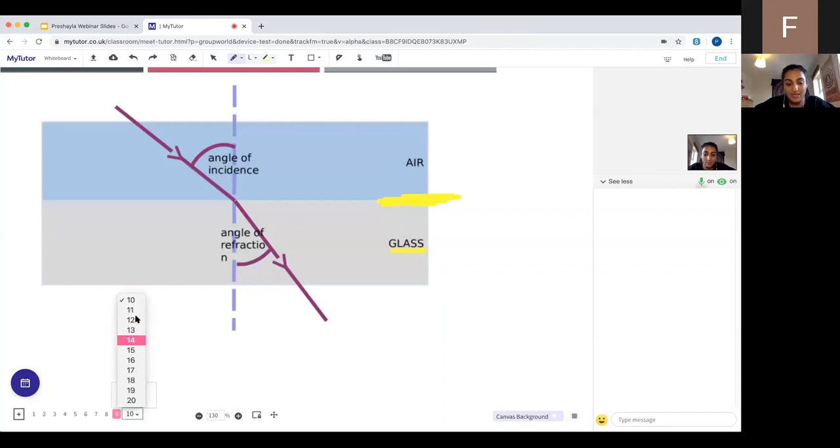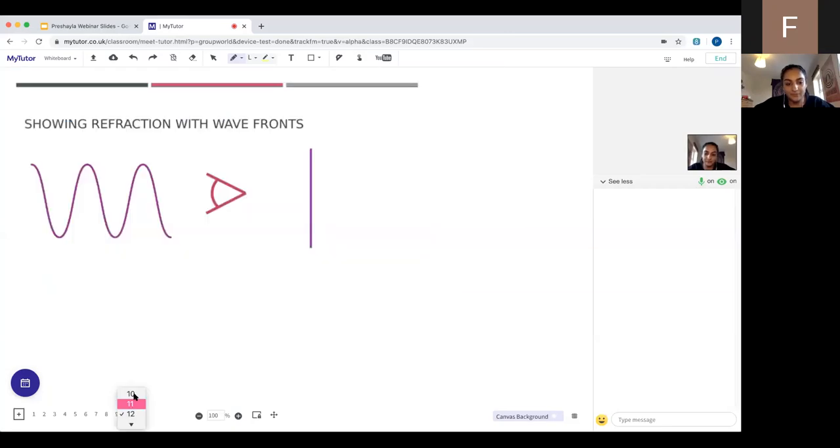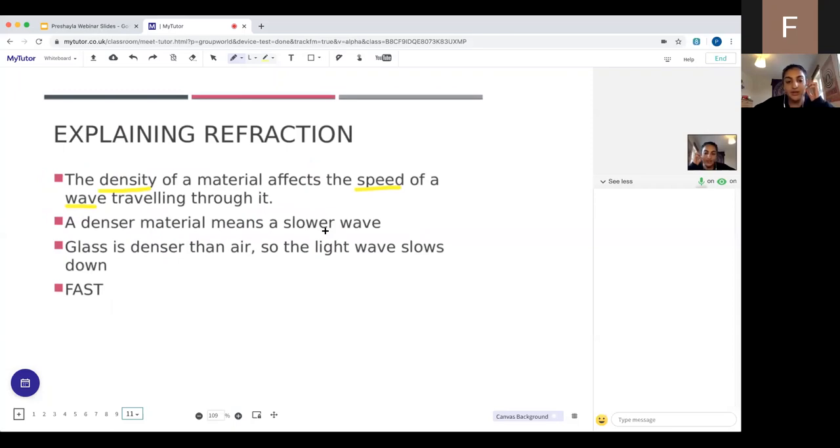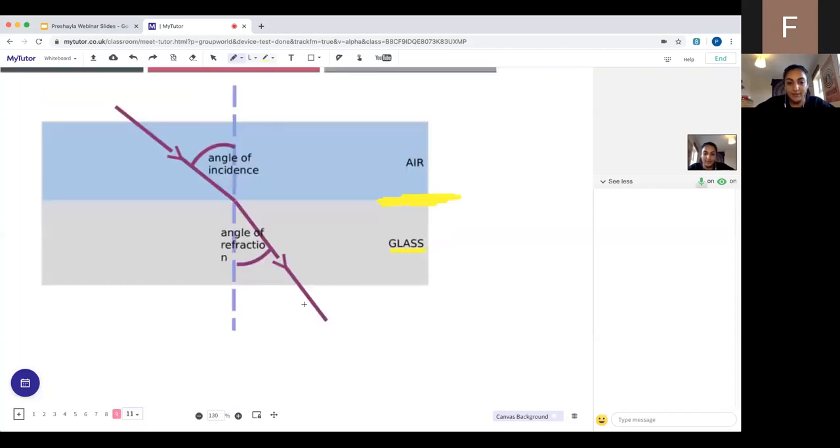This causes it to refract. Now, I said previously that the refracted ray can either go towards the normal or away from the normal. In the diagram, we had it going towards the normal. Sometimes, though, it will go the other way.